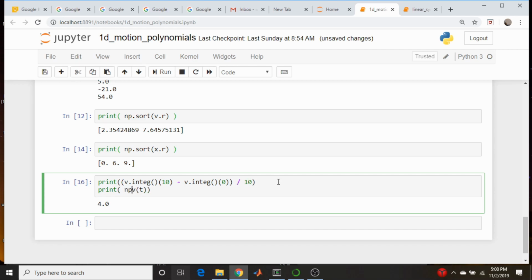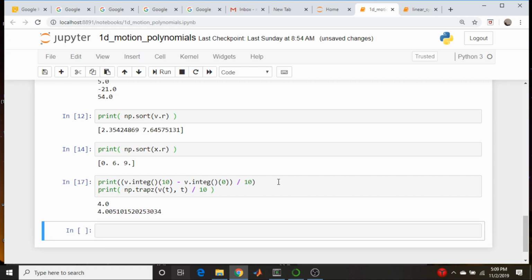So it's np.trapz. It's v of t, and remember this is the backwards of MATLAB, so t, and then we have to divide that by 10. And have I done everything correctly here? I am missing a parenthesis here, and hopefully that'll run, and it does. And there we go, and we get the same answer.